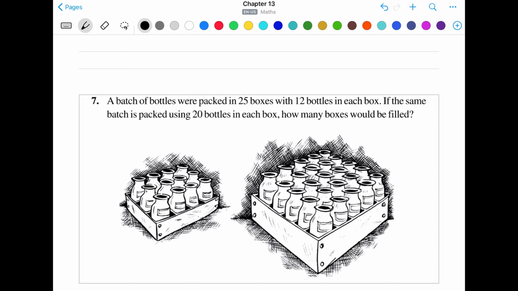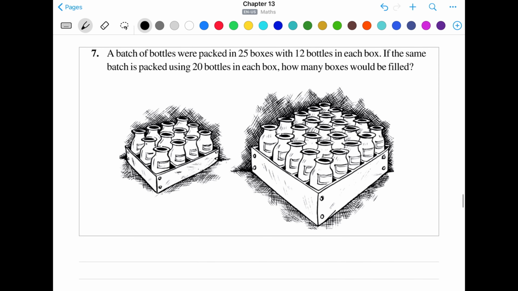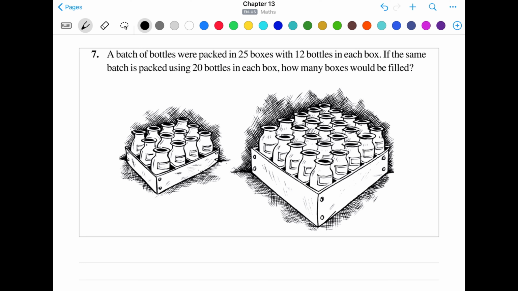Moving to the next one, we have question number 7. It says a batch of bottles were packed in 25 boxes with 12 bottles in each box. So we have 25 boxes containing 12 bottles in each box. If the same batch is packed using 20 bottles in each box, how many boxes would be filled? Earlier we were fixing only 12 bottles in a box.